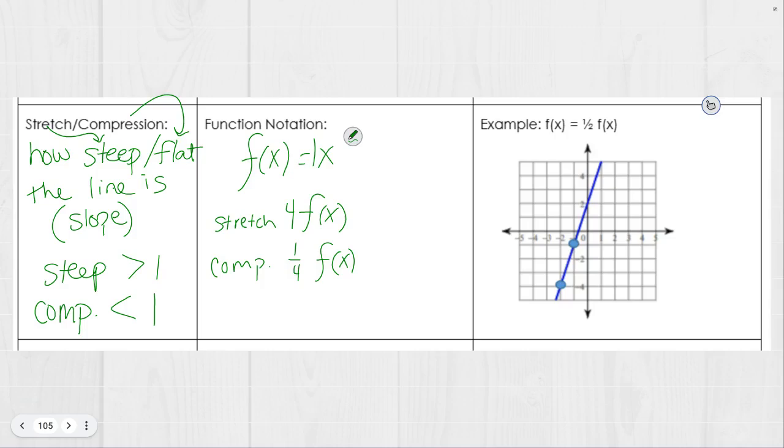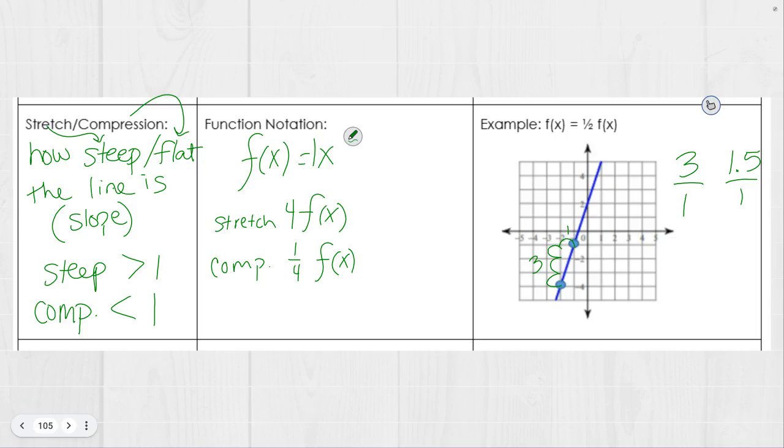Okay, so normally I am going up 3 over 1. So if my regular slope is 3 over 1, I have to half that. Okay, so half of 3 is 1.5 over 1.